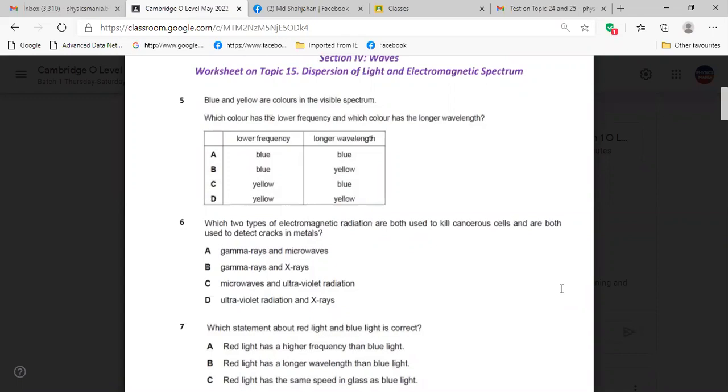Gamma rays and microwaves, gamma rays, microwaves and ultraviolet radiation and X-rays. You just say the answer. Which one should be the answer?